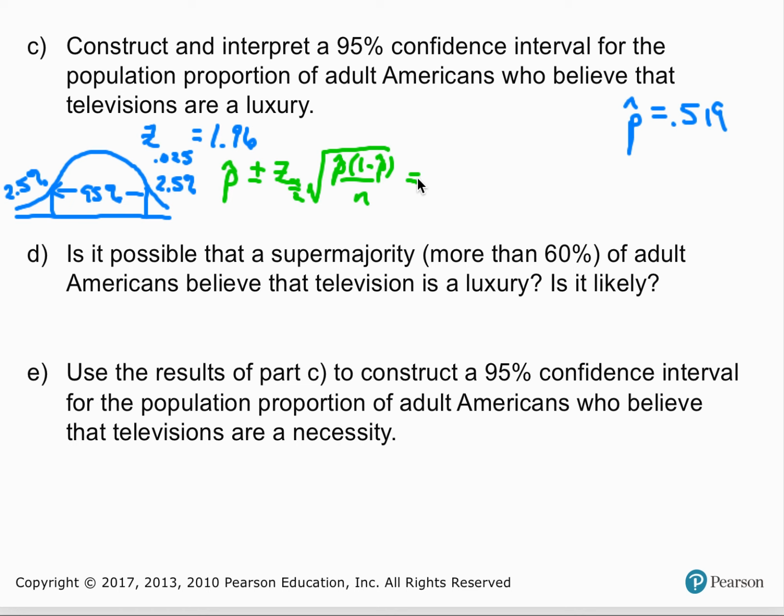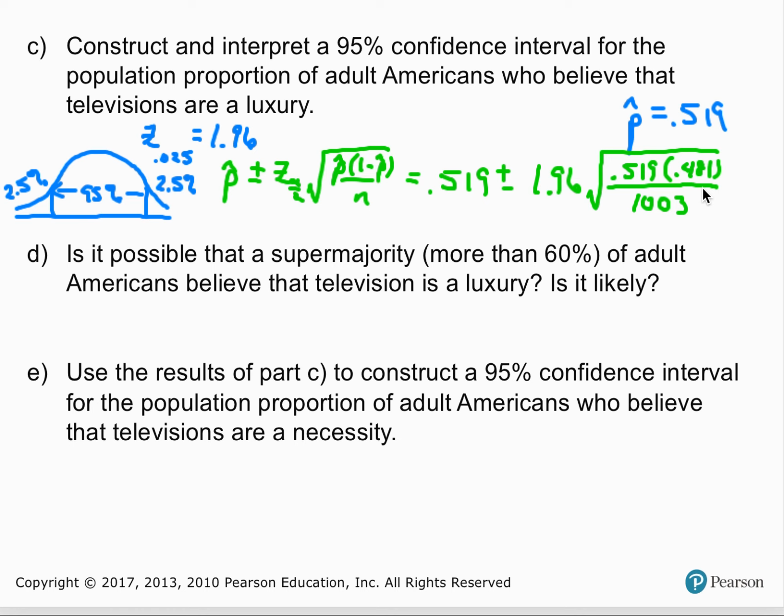So for our case, this is 0.519 plus or minus, I forgot to put my z sub alpha over 2 in there. Okay, so 1.96 times the square root of 0.519, and 1 minus 0.519 was 0.481, over n, 1,003. And then I can just enter that in my calculator.